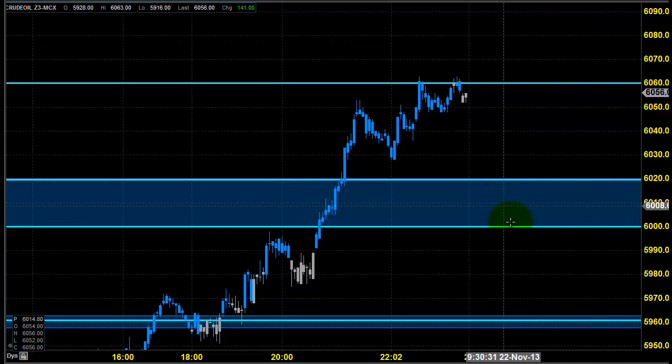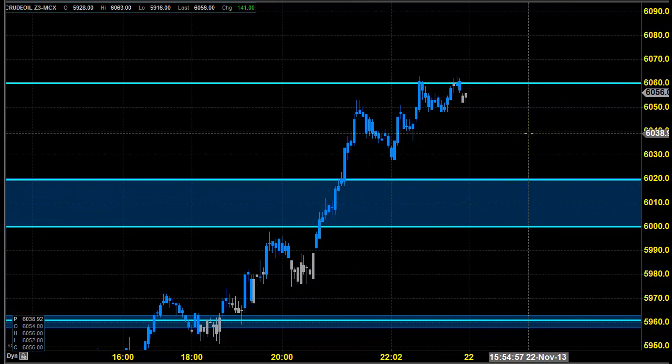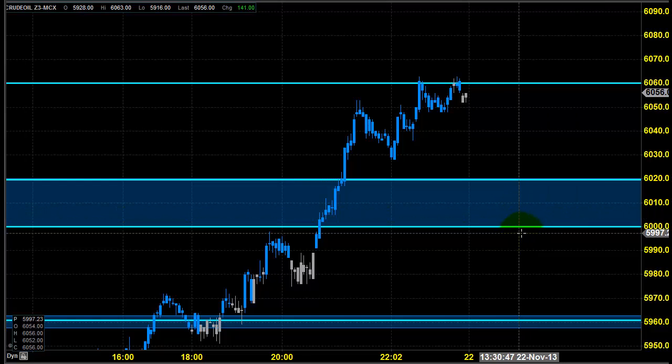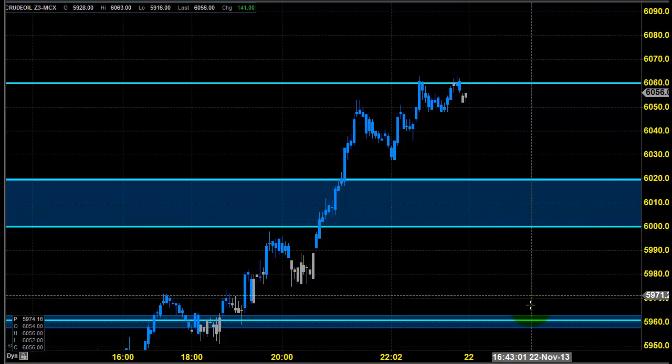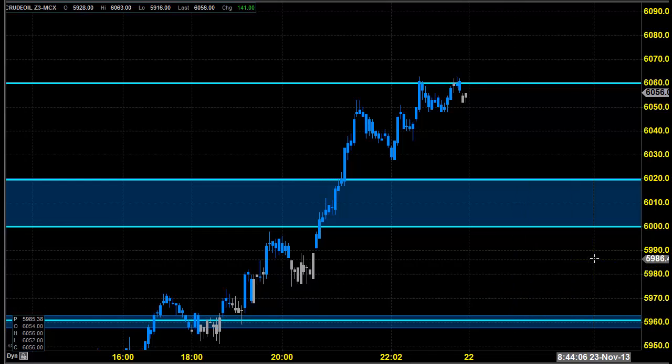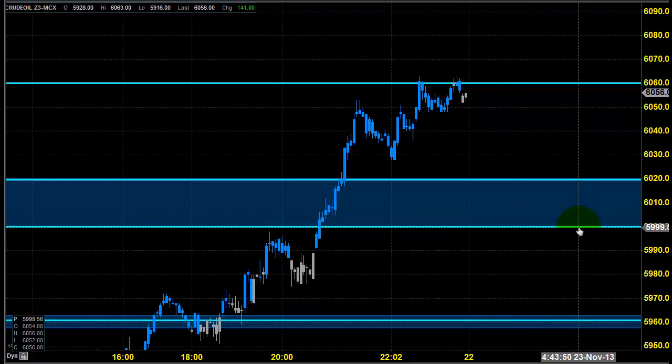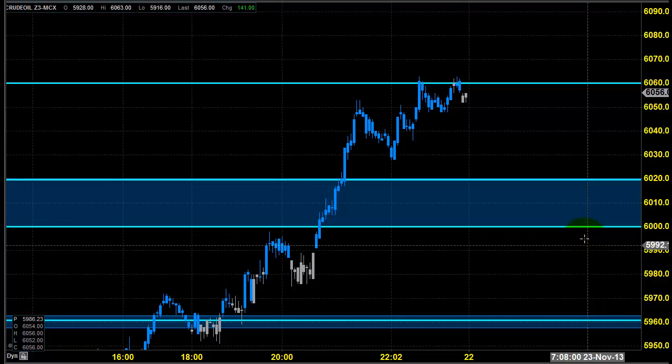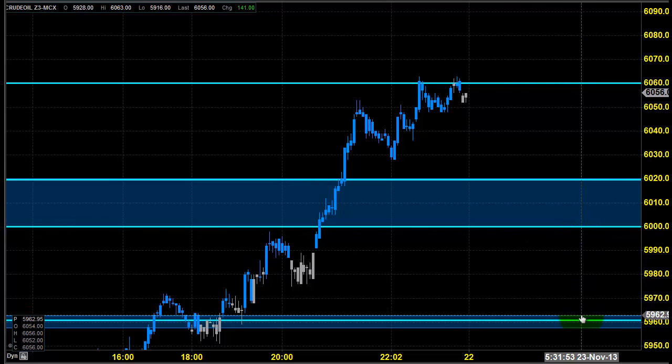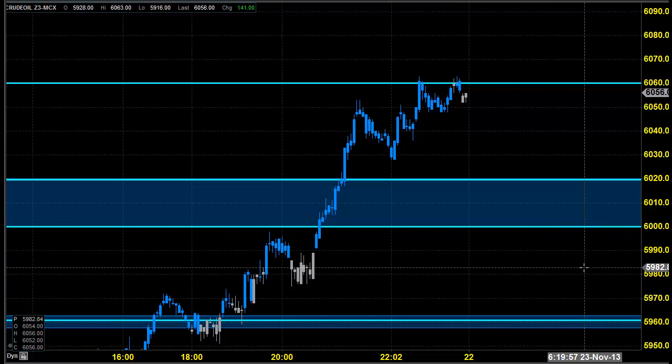If the price fails to clear the zone for today or stay above the zone, and closes between 6000 and 5960, then it is going to be a struggle for the crude oil market to clear this area.